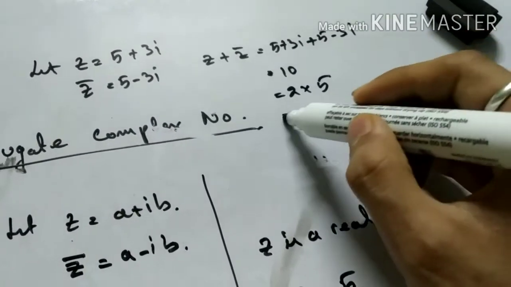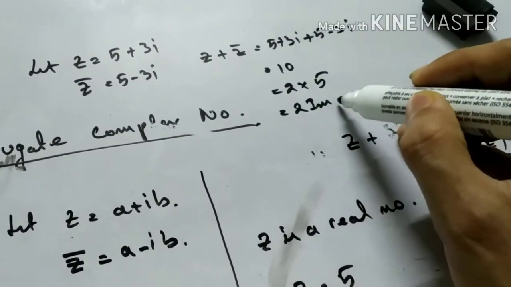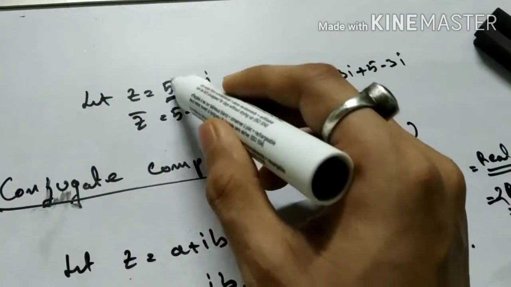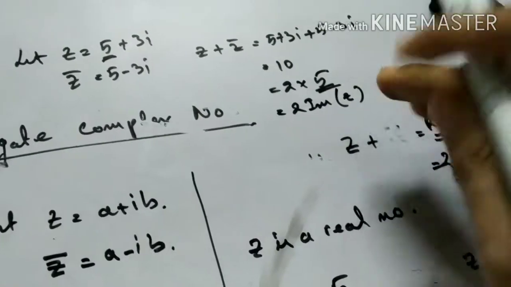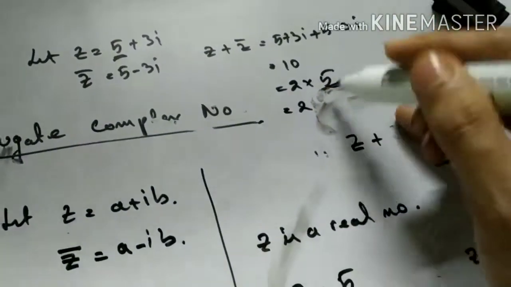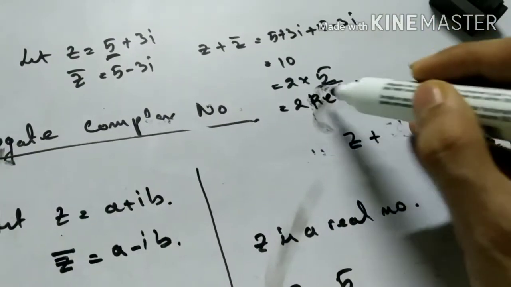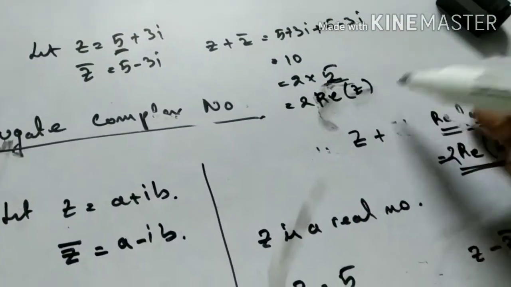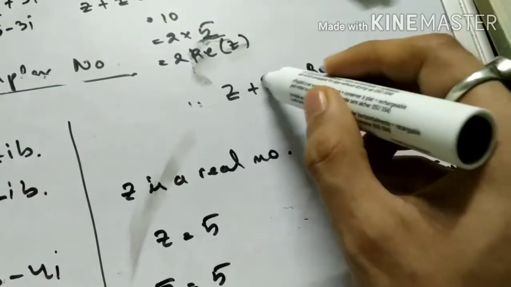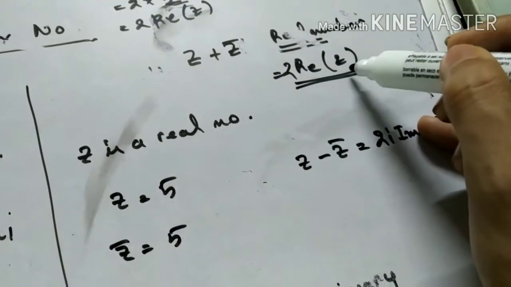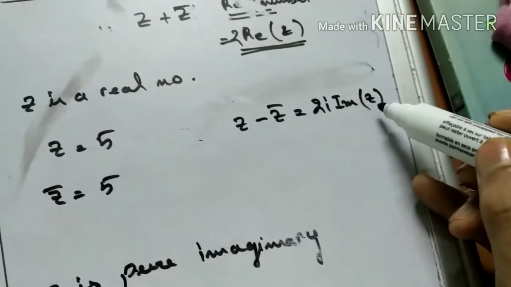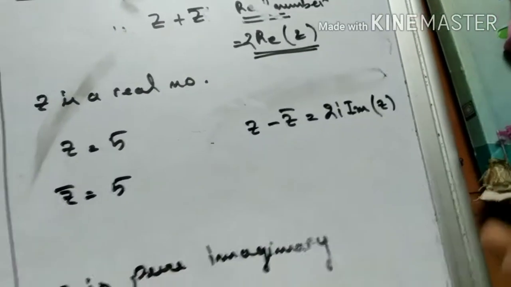Yes, 2 into Re Z, because 5 is the real part of Z. So Z plus Z bar, you will get 2 Re Z, and Z minus Z bar, you will get 2I Im Z, the imaginary part of Z.